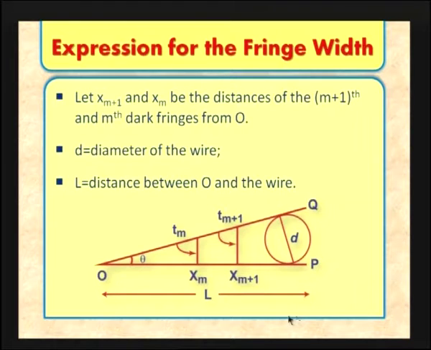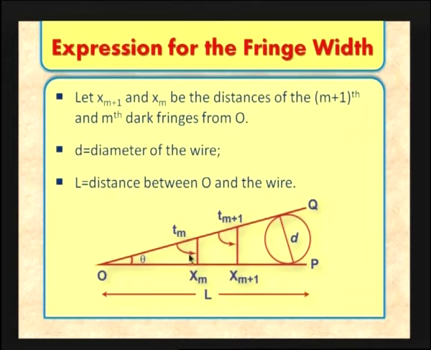Let us now go back to the case of air wedge. We saw in the previous lecture how a wedge shaped film can be produced, that is, by introducing a thin wire you get a wedge shaped film as is shown here, and you have a point x m where you get the mth dark band or fringe, and x suffix m plus 1 refers to the point where you get the m plus 1th dark band, and the thicknesses which correspond to these points.